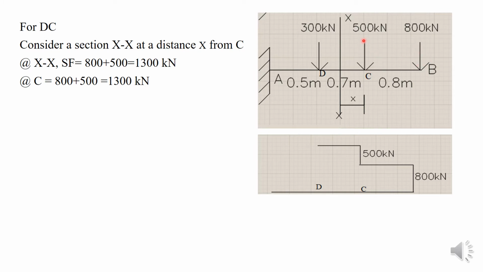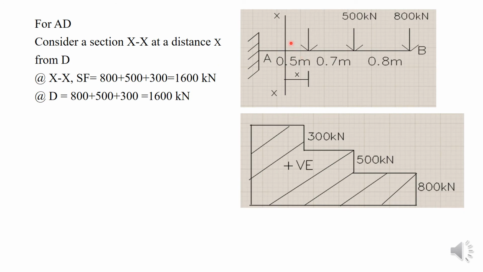From this C, you can see this 500 kilonewton is at the point C, so here you have to add 800 plus 500 kilonewton at the point C. Then bring this section line up to D, and you can see there are no loads acting in between C and D. That means this 1300 kilonewton will continue up to D. Then there you can see a 300 kilonewton, so you have to consider that 300 kilonewton while considering the point D.